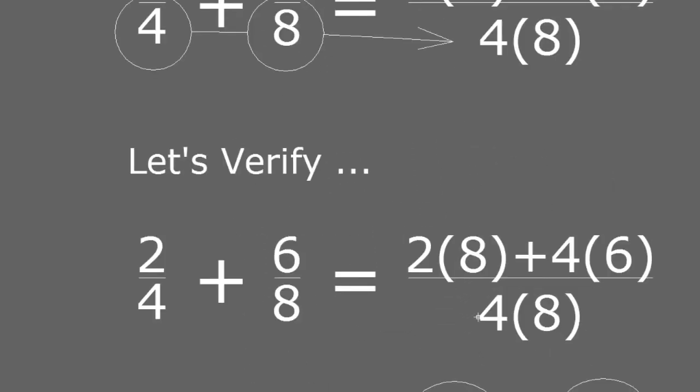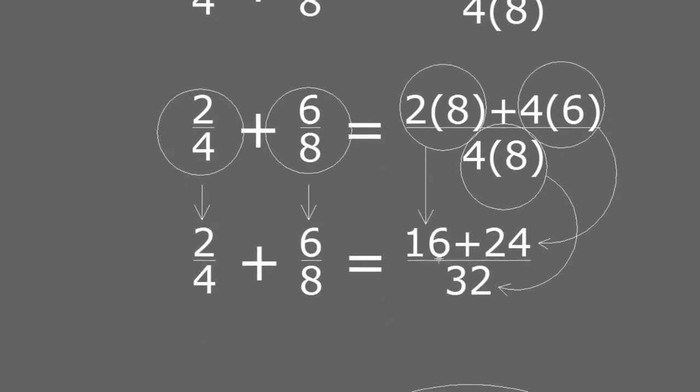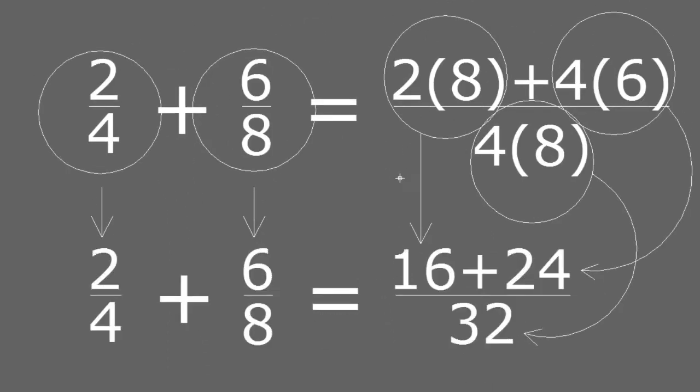Now let's verify if what we have here on one side of the equation equals what we have on the other side of the equation. So first I'm going to multiply what we have on the right side of the equation, what we just performed using the x underline method. 2 times 8 becomes 16. 4 times 6 is 24, and 4 times 8 is 32.